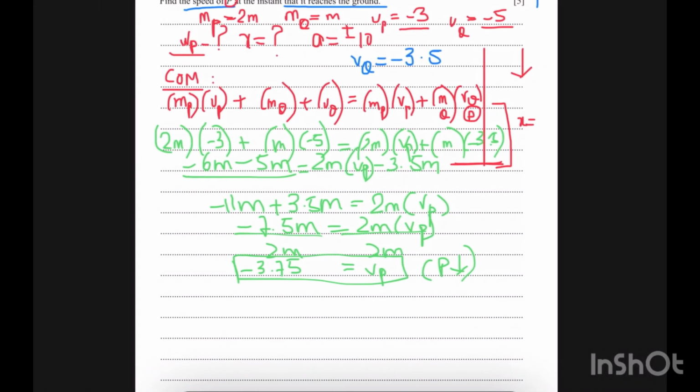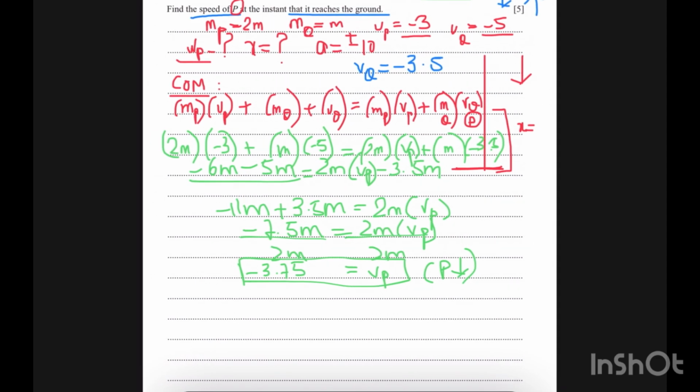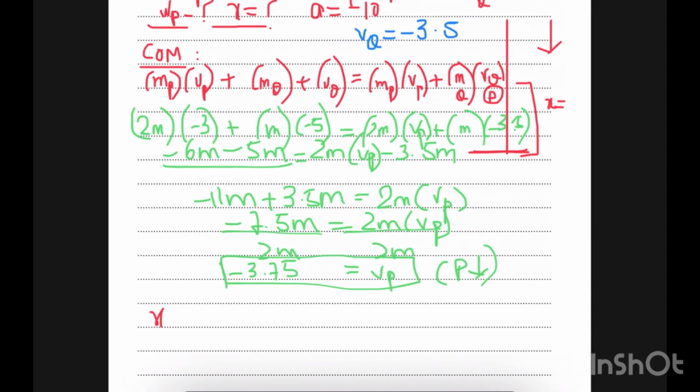Other than that, what we have to find is the distance traveled, or the height above the ground, for P. For this, we can use the distance formula which we did in the first part. So for P, that was 2t minus 5t squared. And in this case, we found out that t was equal to 1 by 2.